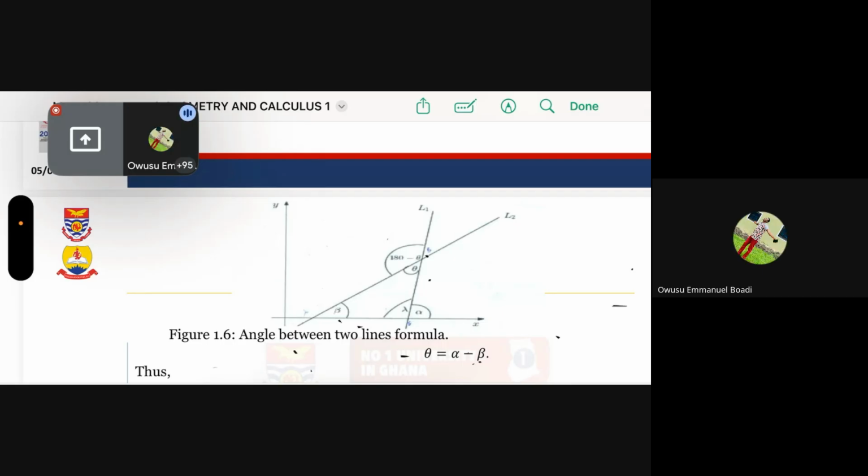Beta plus lambda plus theta is equal to 180. Anything that you know, any property that you know, you can apply it here. So that's one way of finding the angles. You can apply any property. Okay, thank you. You're welcome.